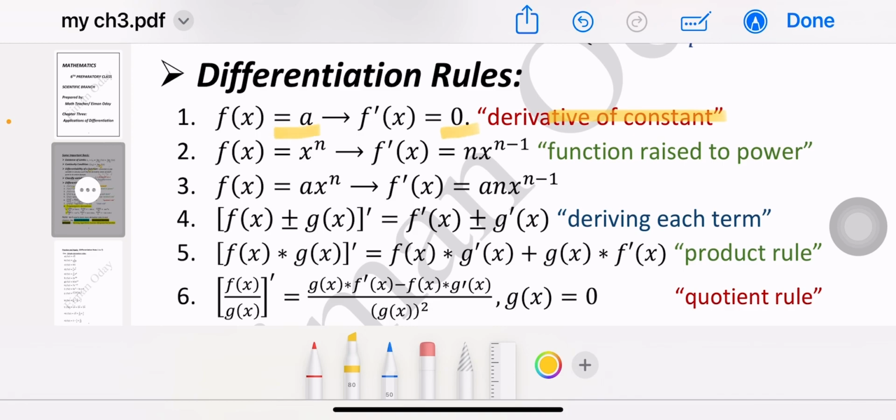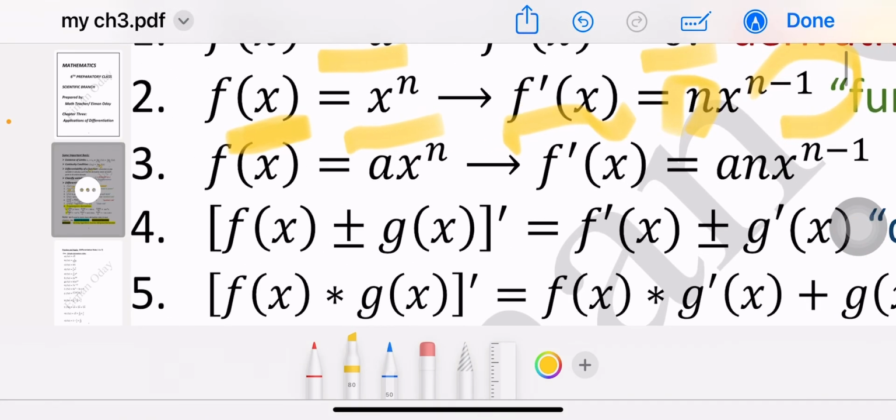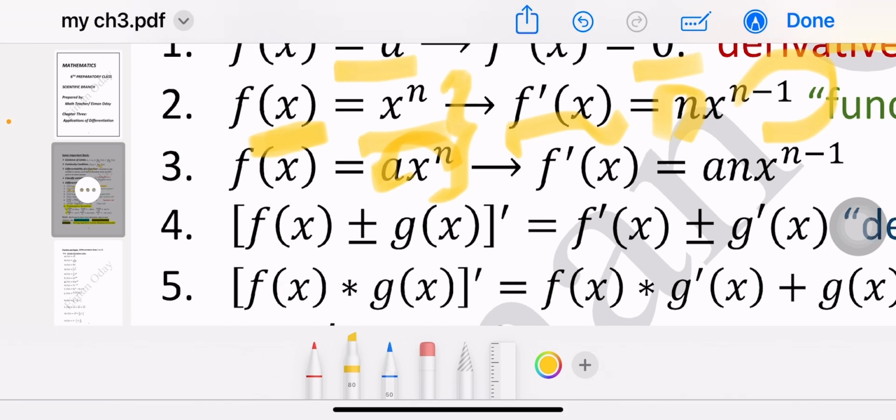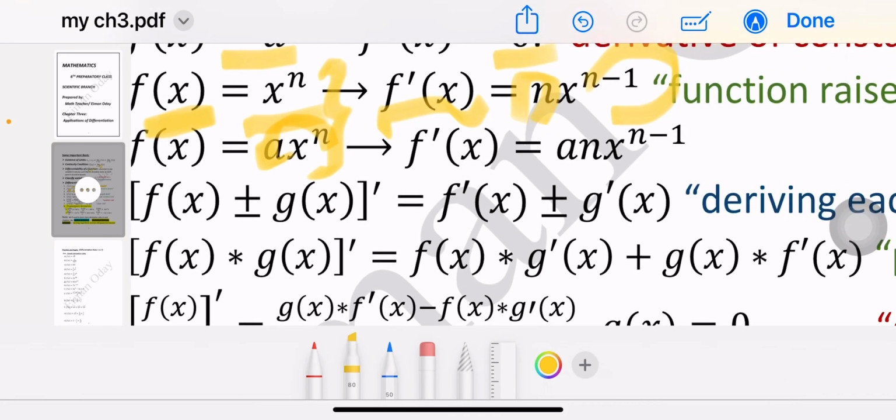And if we have x power n, a term with a power, where the base is the variable called independent, then the derivative is by putting the power beside the function and subtracting one to get the new power. And in case 3, they are similar: we just multiply n by a, and it's going to be a n x power n minus 1.